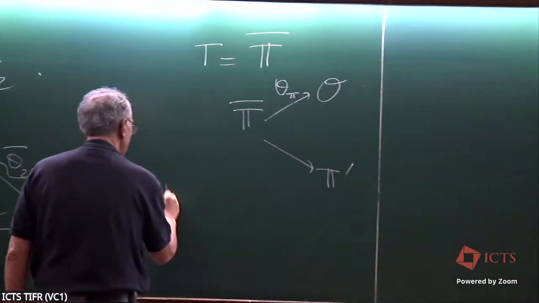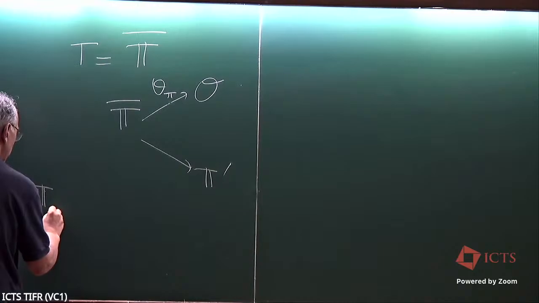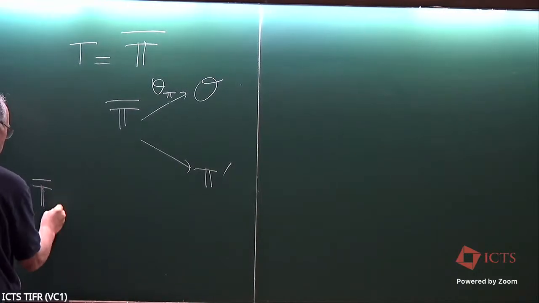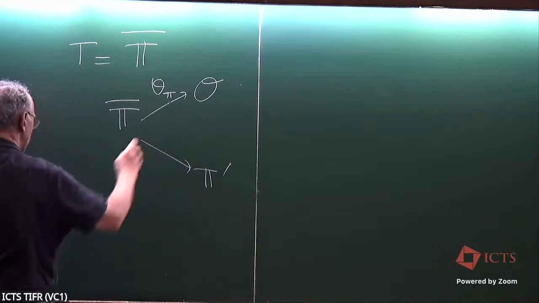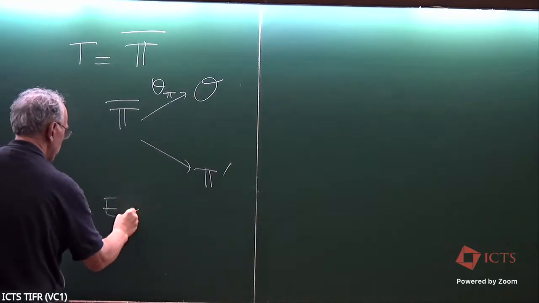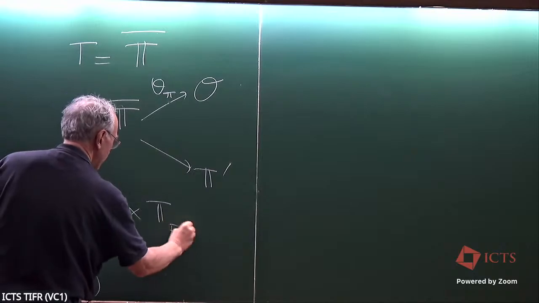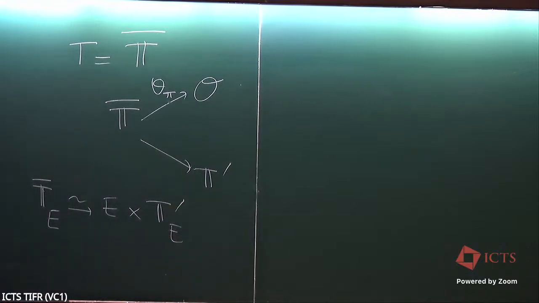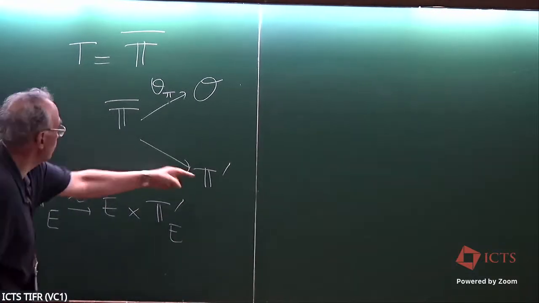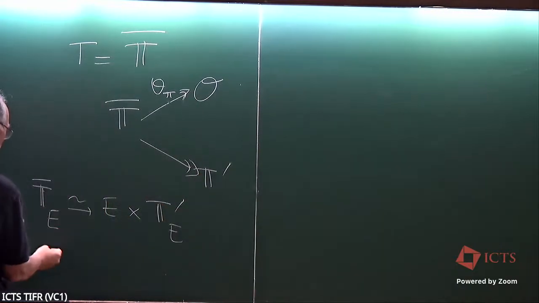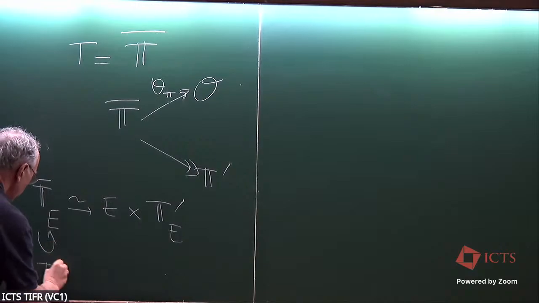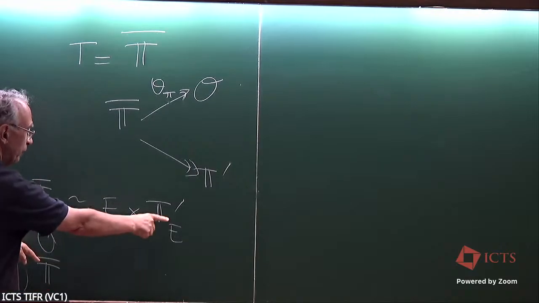I remind you that T tensor E, or T bar tensor E, is semi-simple. So this splits into E times another algebra, T prime. And I define this T prime as the image. So of course, this is surjective, as the image of the integral thing T bar in this by the second projection.